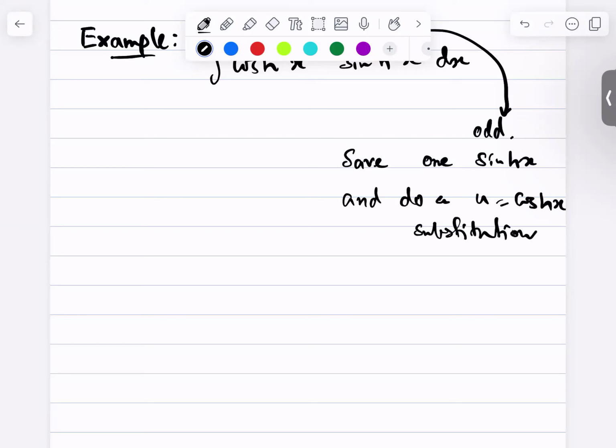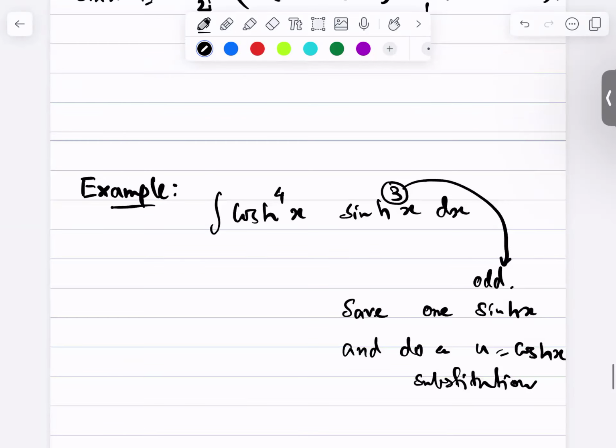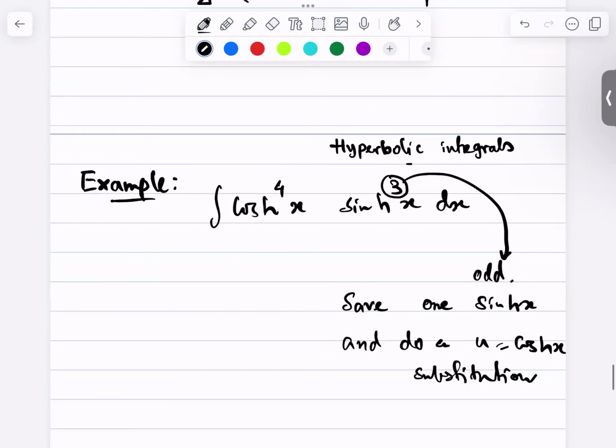So I may just write hyperbolic integrals similar to the trigonometric approach.